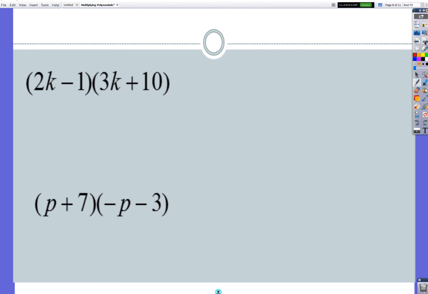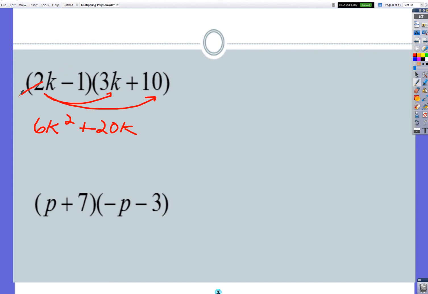Let's just do this first one together up here. What's the first term in the first parentheses? 2k gets distributed to each of these. Normally, I'm not going to draw the arrows. This is just as an introduction. 2k times 3k is 6k squared. 2k times 10 is plus 20k.